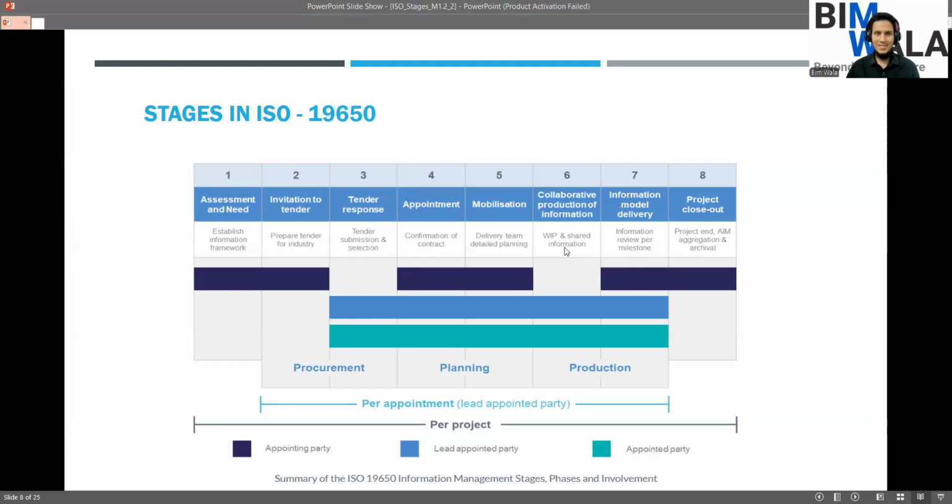Now, once it has passed all the checks, finally it will be submitted to the client. Okay, and the client is going to review again the information, whether it has been submitted as per the procedures and protocols and the conditions or codes which we have mentioned in the EIR document and the EP document.